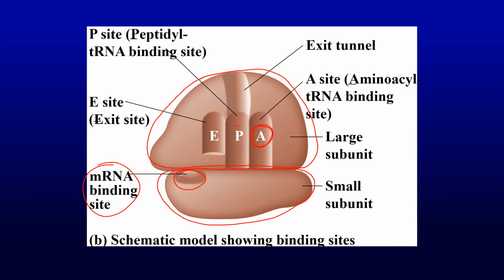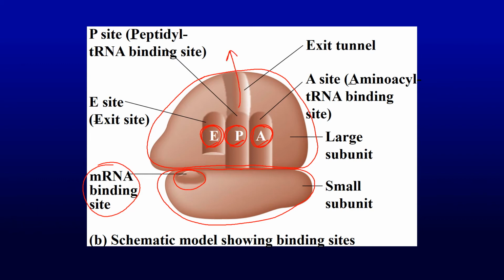And then we've got our P site. You can remember it as the P site, but it stands for the peptidyl tRNA binding site. And the E site is easy. The E just stands for exit. All right, so we've got our E, our P, and our A binding sites. The last thing I want you to notice on this ribosome is this exit tunnel right above the P site.